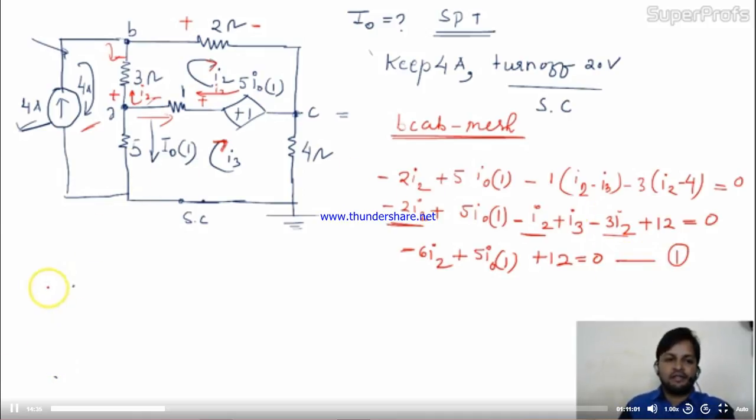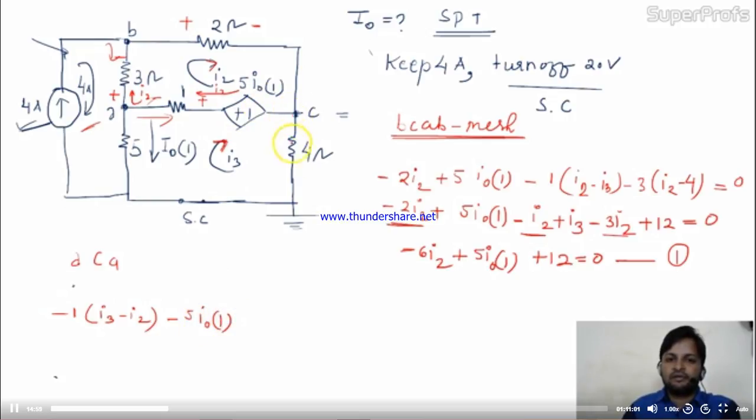Come to the mesh A, C, A now. I'm starting from here only. In this mesh the current is I3. The sign is negative, minus I2. As I move forward, I'm getting minus 5I01.